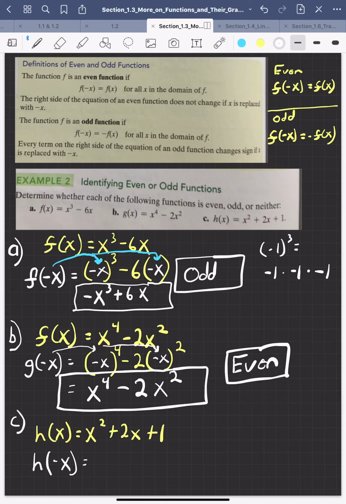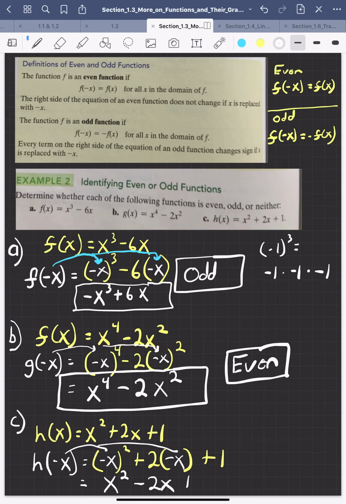I don't know. Let's plug in a negative x. So we'll do that now. Plug in a negative x, plug in a negative x. Okay, so negative x squared is going to give me a positive x squared, and then 2 times a negative x is going to be minus 2x, and then you have your plus 1.